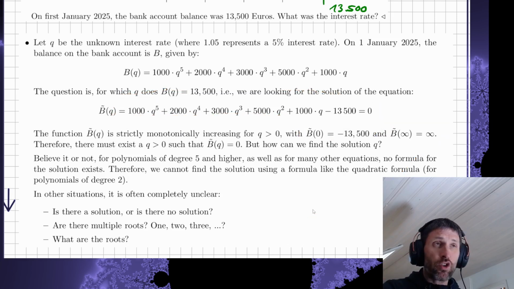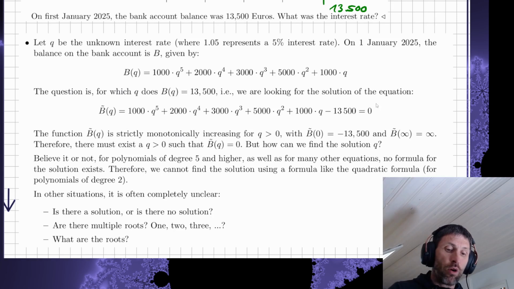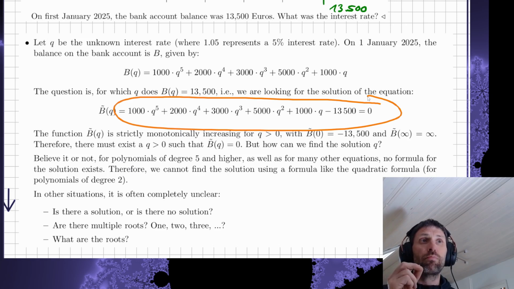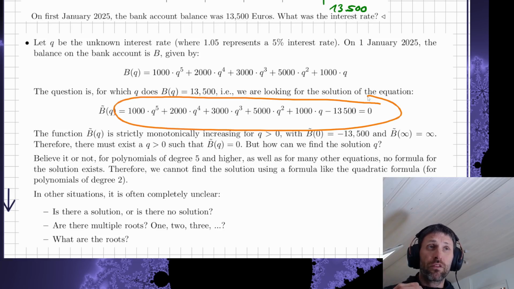And now, believe it or not, if you have a polynomial and the degree is 5, there is no formula. It is impossible to find a formula for finding these roots. You know a formula for degree 2. It's called, in Germany at least, ABC formula or midnight formula.